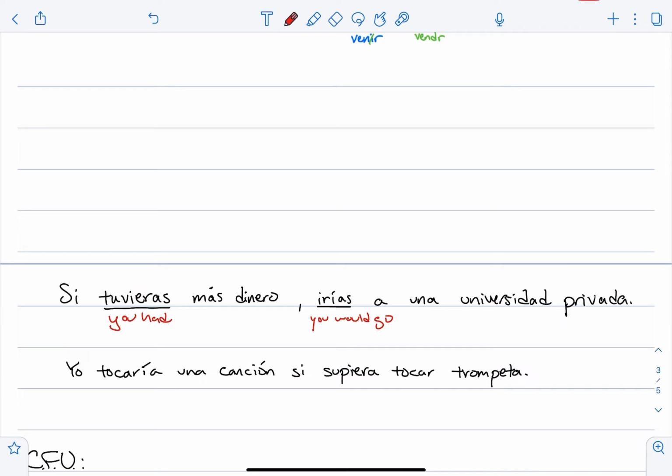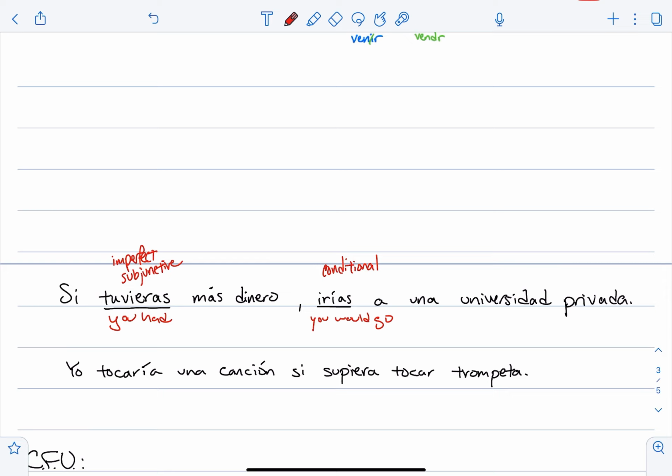So tuvieras is the imperfect subjunctive. Please make sure you write down these examples so you have some in your notes. And then irías is the conditional. If you had more money, you would go to a private university. But by using these 2 tenses, I'm implying that you don't have enough money. So it's just a hypothetical if clause.